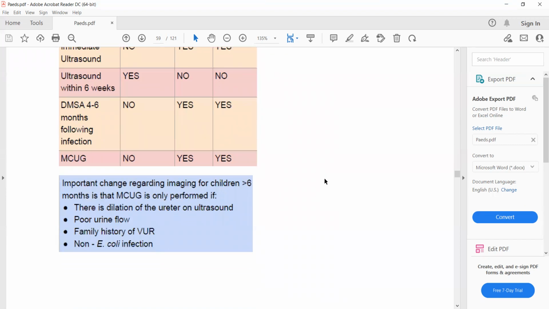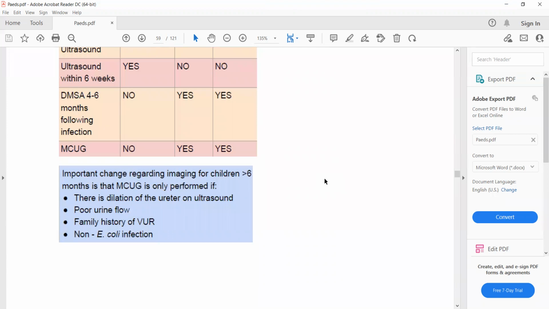So there are some indications in which MCUG can be performed in children who are above 6 months: poor urine flow, family history of VUR, and non-E. coli infection.